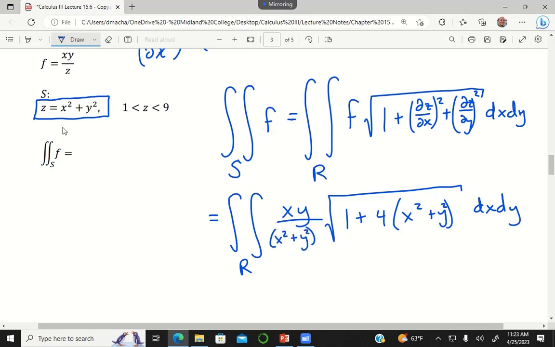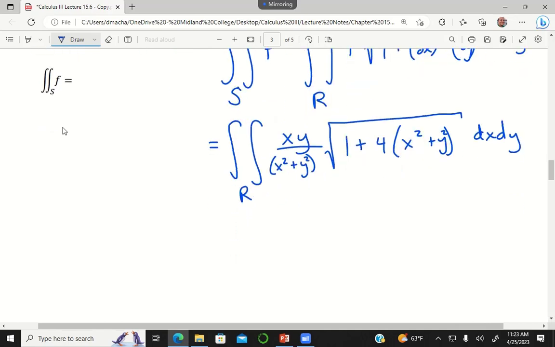And now I will ask the audience, what do you guys think that I should do next if I want to make it easy to solve this integral here? Did you say polar coordinates? Yeah, I was making sure I heard you right, but yeah. In polar coordinates, r squared is equal to x squared plus y squared, and I've got x squared plus y squared popping up all over the place.